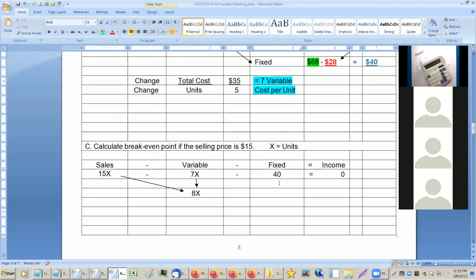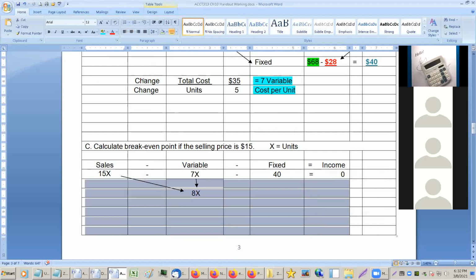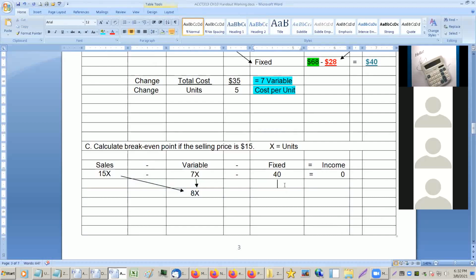And we want 40. So if this is minus 40, we need a plus 40 on each side.